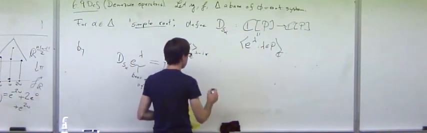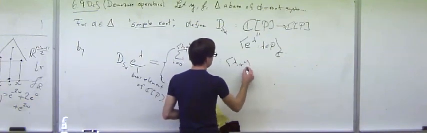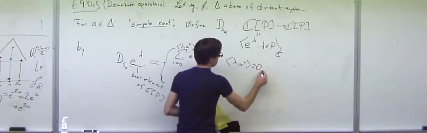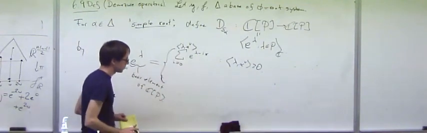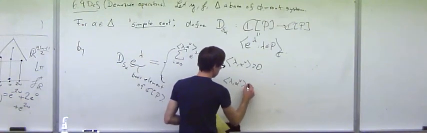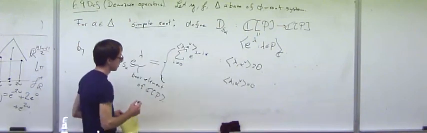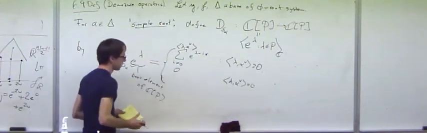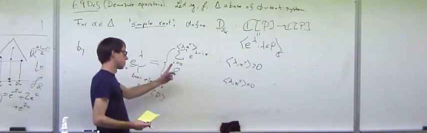So this holds if the pairing of lambda with alpha check is non-negative, then this sum actually makes sense. If lambda alpha check is 0, then it's just one summand. So it's intuitive.